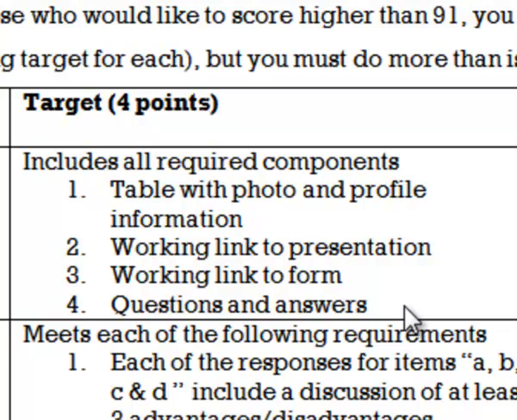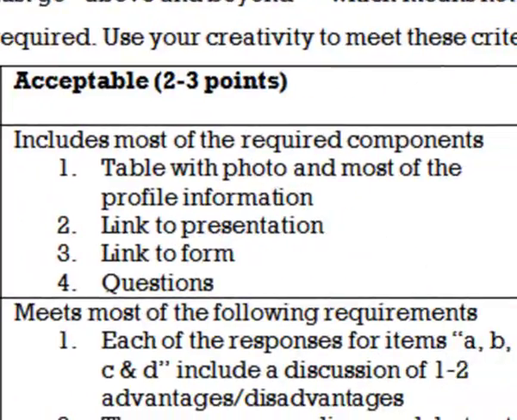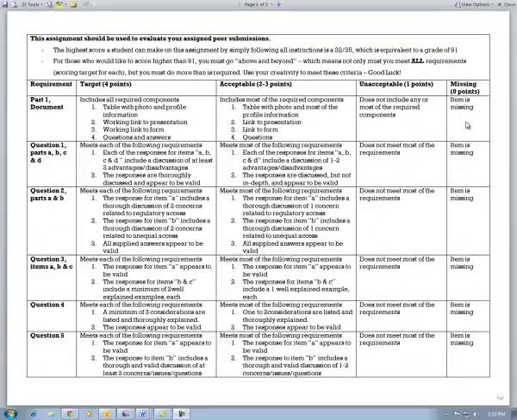If a student didn't earn target, you then look to determine if maybe they earned acceptable, unacceptable, or missing. If the item is missing, you should assign a grade of 0.